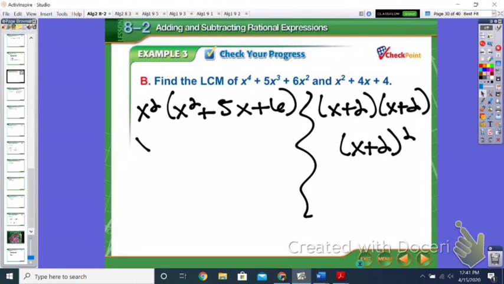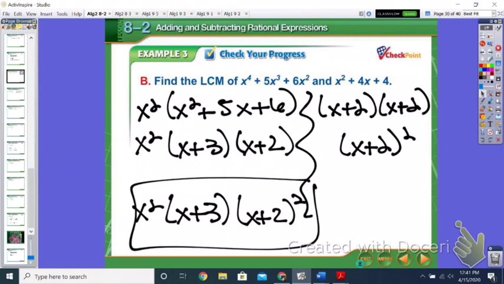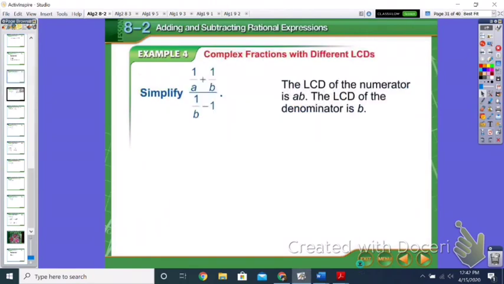And then going back to the first one, the trinomial that we now have in parentheses could be factored to x plus 3, x plus 2, and now we should be ready to take our LCM. We're going to need x squared, x plus 3, and x plus 2 squared, because of that squared right there. Okay. Hopefully that was good to you.